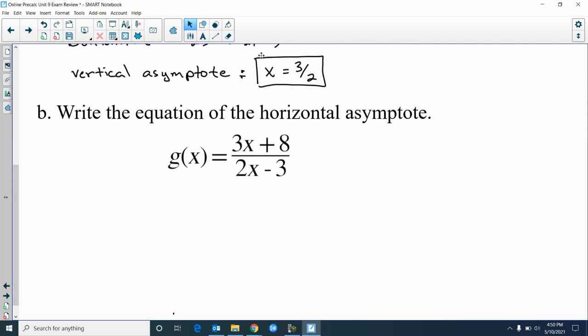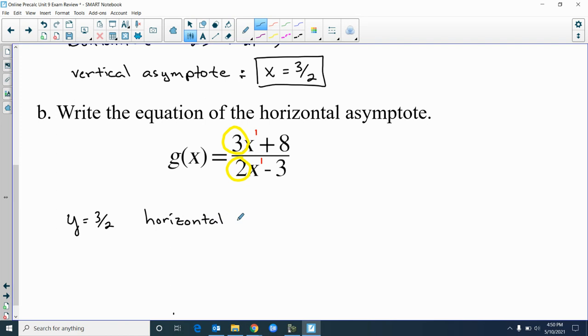If the degrees are the same, and in this case they are because they both are first degree, all we have to do is use the coefficient, and that will be our horizontal asymptote. And you just take the ratio. So y equals 3 halves, and it always is y equals for the horizontal asymptote. And that's all we need. Now, this is a coincidence that it's x equals 3 halves and y equals 3 halves.